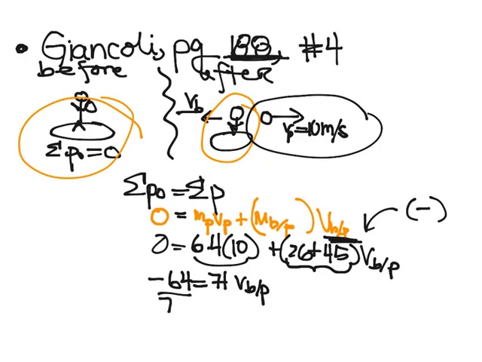Okay, I'm going to divide both sides by 71, and I end up with the velocity of the boat and the person is equal to negative 0.90 meters per second.